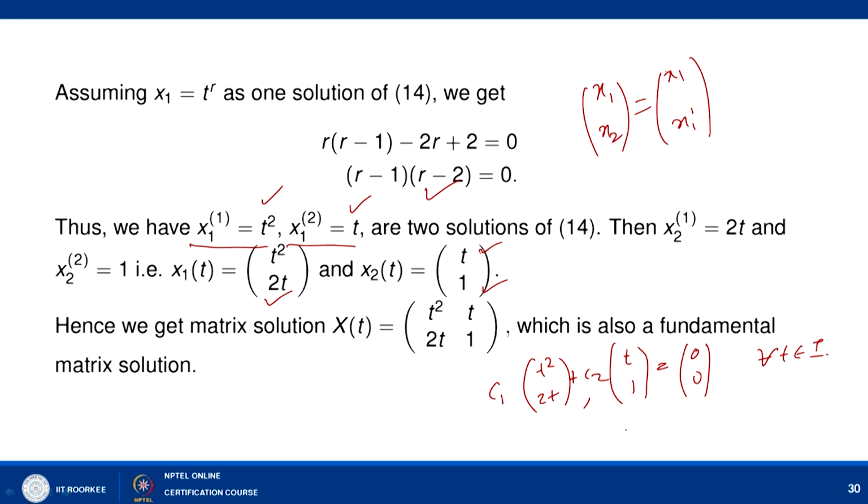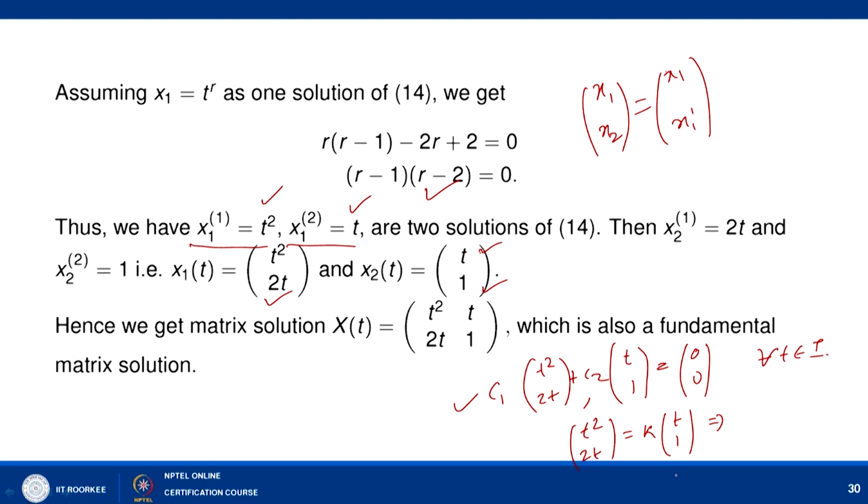If at least one of C1 or C2 is non-zero, then I can divide by that, so I can write (t square, 2t) as a constant multiple of (t, 1), but you can see that this cannot be true because t square cannot be written as a constant multiple of t. So, it means that here C1 and C2 have to be 0.